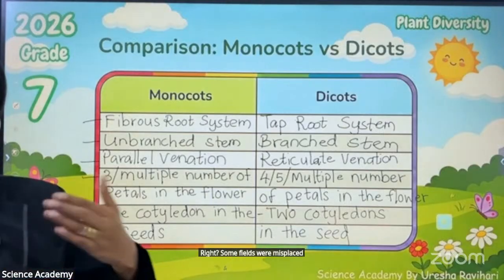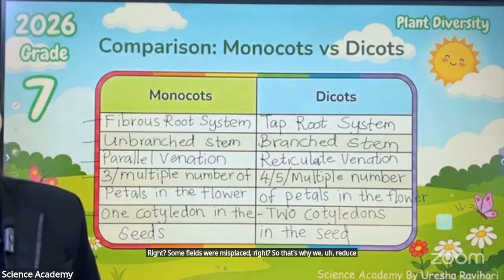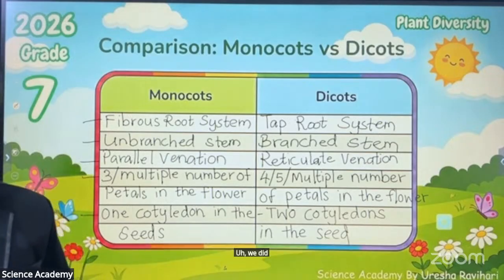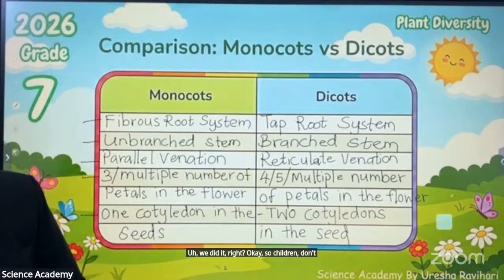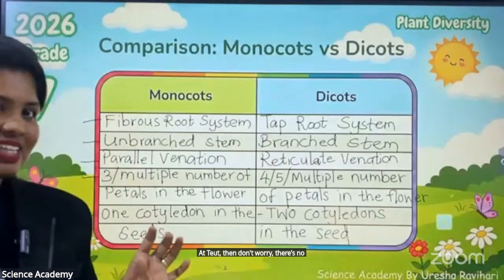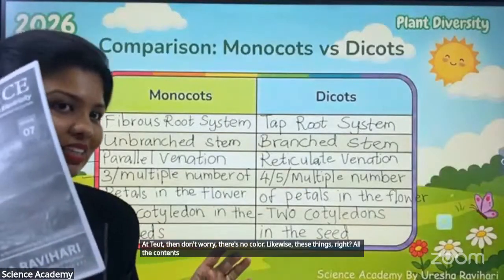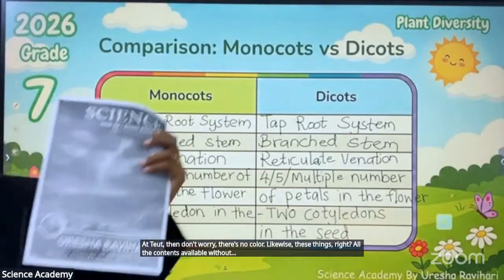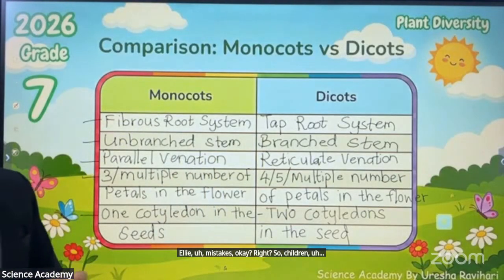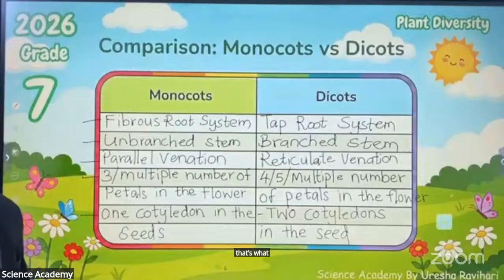That's why we reduced the price, the delivery costs and all those things. So children, don't worry about this tube, all the contents are available without any mistakes. That's what I needed to tell.